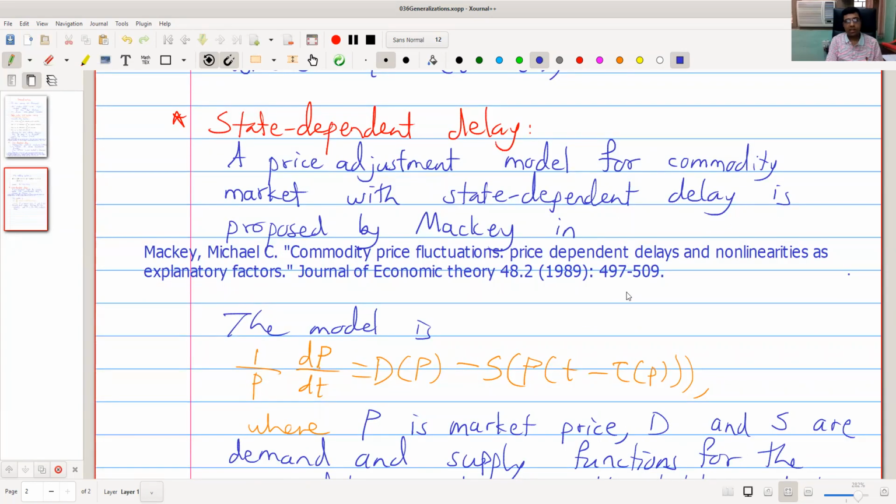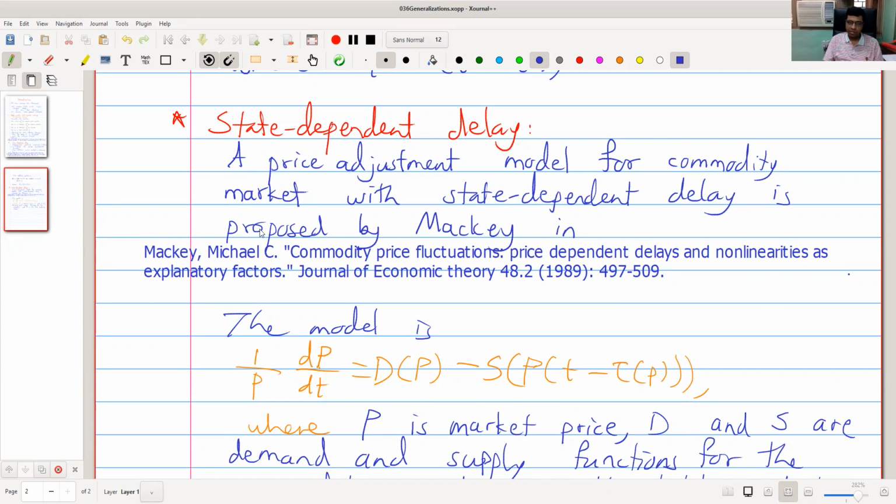Another thing is state dependent delay. State dependent delay means the delay tau depends on the state variable. When we consider x equal to x of t and a differential equation in the dependent variable x, then it is nothing but the state variable. Here p is the state variable, so dp by dt divided by p equal to capital D of p minus S of p of t minus tau.